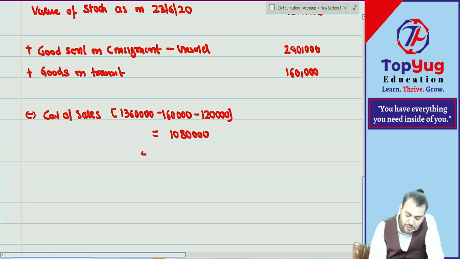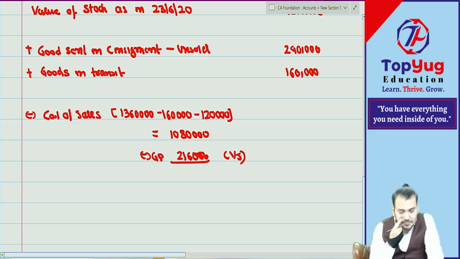Correct. From this we'll deduct GP. GP is 1/5. 1/5 is how much? 2 lakh 16,000. Now how much is it coming? 8 lakh 64,000. Correct.